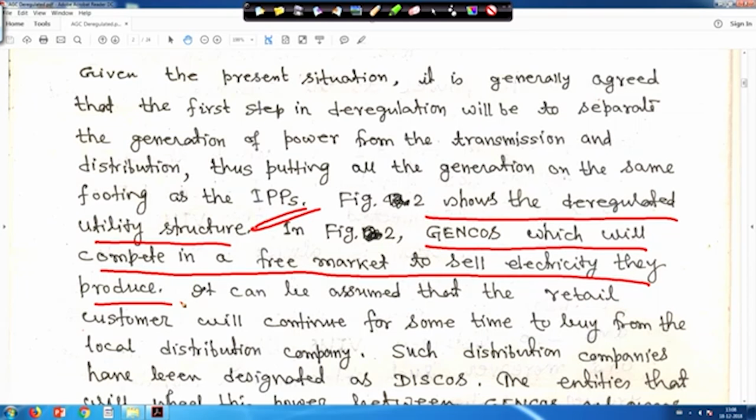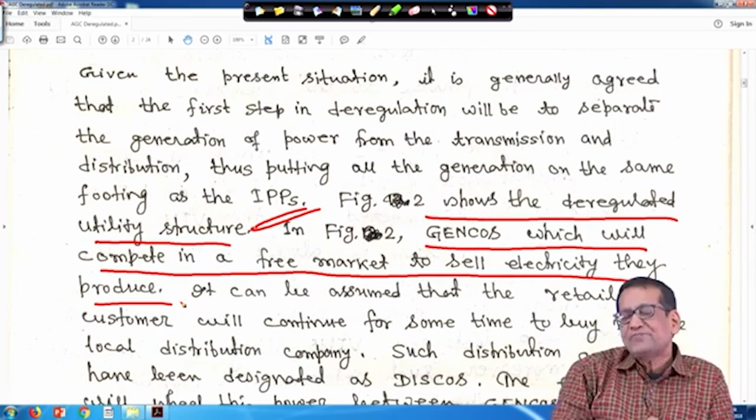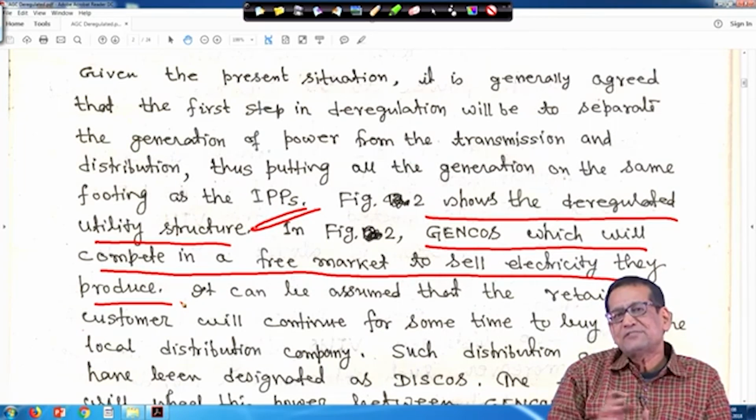Now, question is that there must be some separate, impartial entity, that is called your ISO, independent system operator, right. Their bidding will be there. The generation companies will give bidding that this hour, this is the price of the electricity, that is the energy, right. And power has to flow, power wheeling through the transmission system, and you have distribution system.